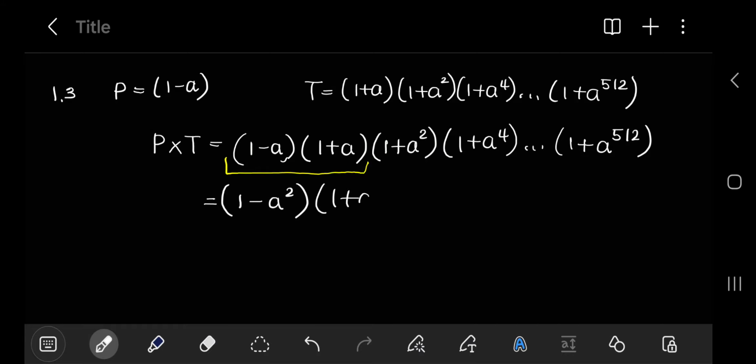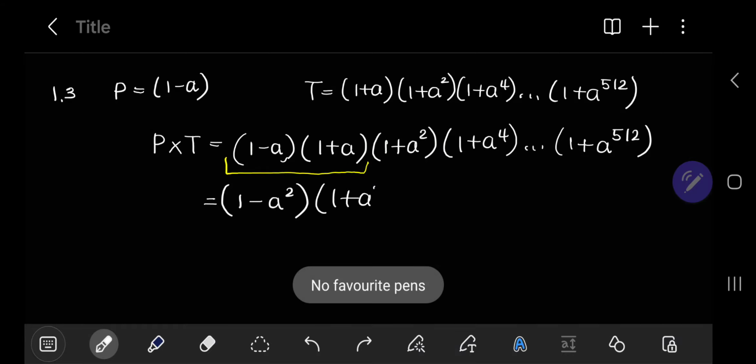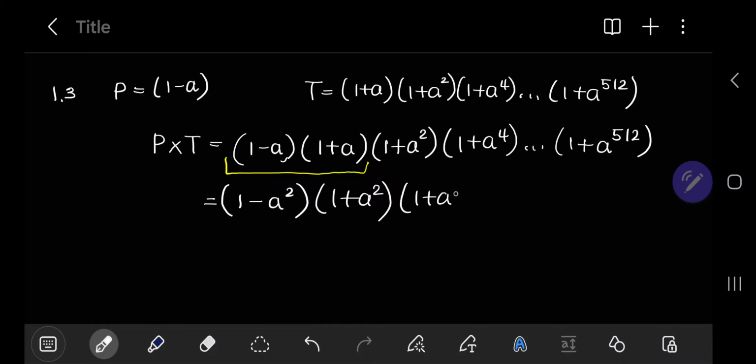Okay, now I'm just going to write down the rest of it. So we've got 1 plus a squared, 1 plus a to the power 4, all the way up until 1 plus a to the power 512. And now when you look at what you have, notice these two brackets: 1 minus a squared, 1 plus a squared.